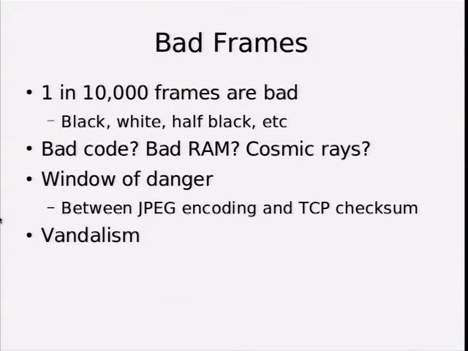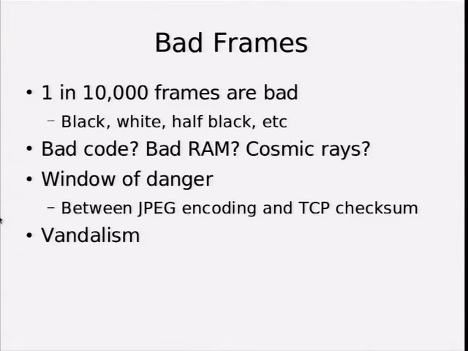In particular, in this program, there's this window of danger, which is after the final image has been encoded as a JPEG, but before the TCP/IP checksum has been computed. If you flip a bit in that data and then decompress it, you'll get a bad frame.